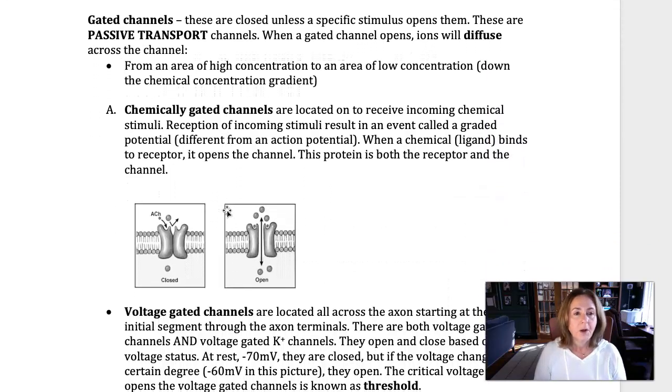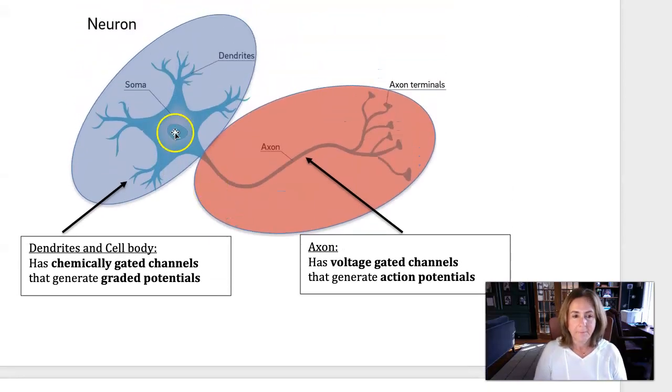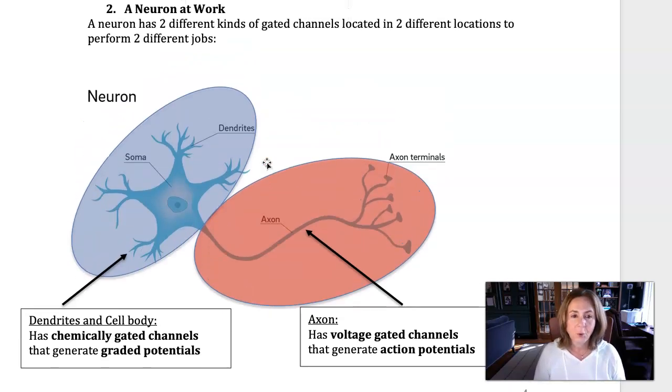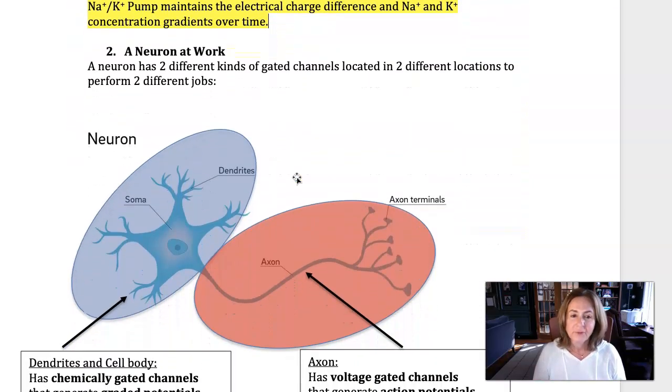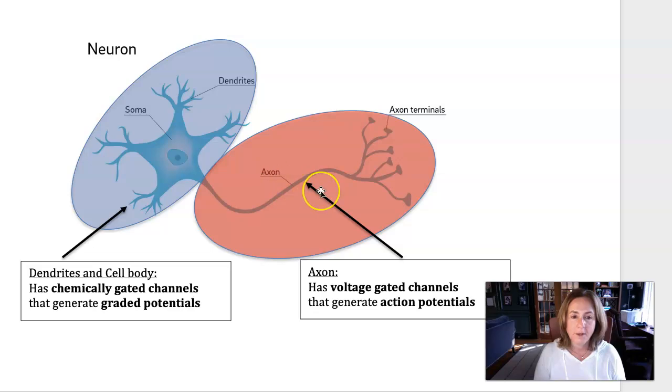All right, so all of the gated channels that I'm talking about here, the chemically gated channels in the cell body and the dendrites, and the voltage-gated channels in the axon terminals, all of those channels are passive transport. They're all going to work by passive transport. The only active transport that we're concerned with is this sodium-potassium pump that's maintaining the resting membrane potential. So these are just passive channels that open.